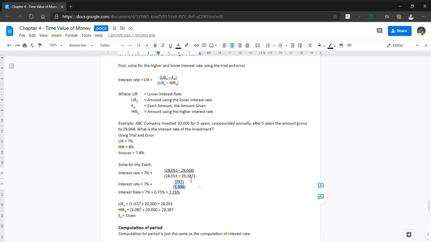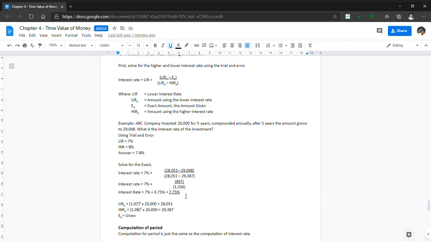Okay? Yung 0.75, that is already in percentage. So, 0.75% yon, hindi 75%, ha? So, we add it to the lower interest rate na 7%. Okay, so 7% plus 0.75 to get the exact interest rate of 7.75%.